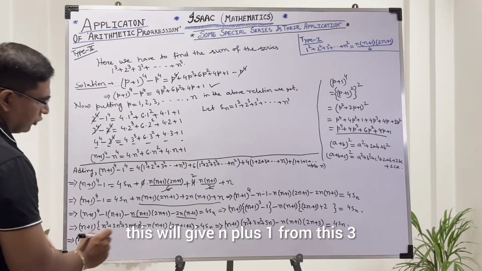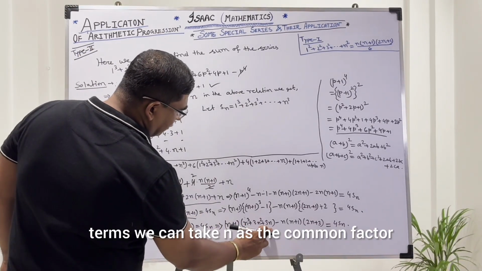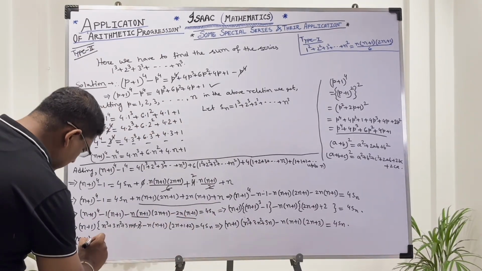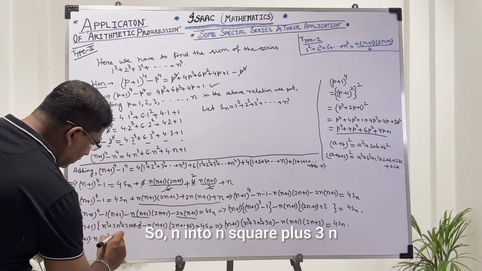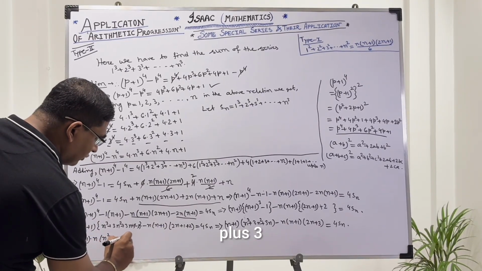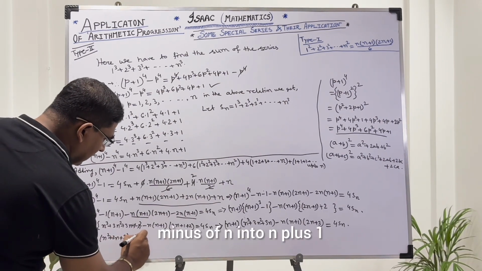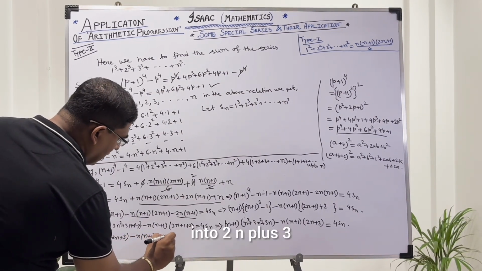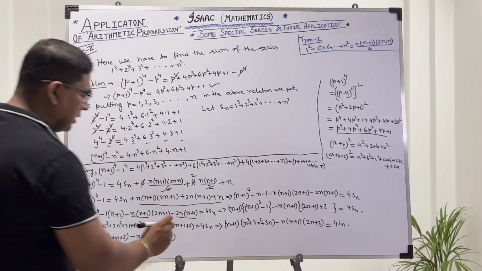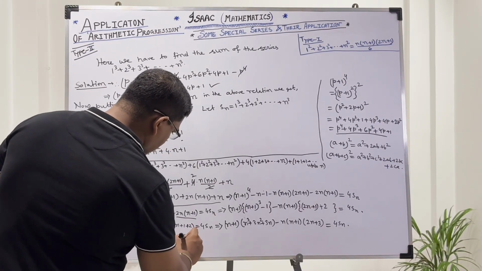This will give (n plus 1). From these three terms, we can take n as the common factor. So, n into (n square plus 3n plus 3), minus of n into (n plus 1) into (2n plus 3), equals to 4 Sn.